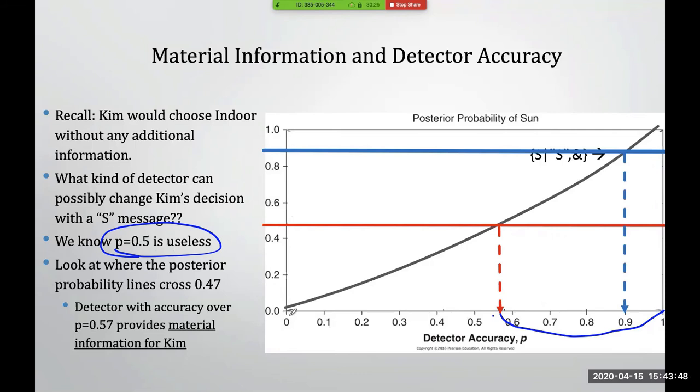So as you can see, when the rain detector's accuracy is in this range, things will be interesting. Over here, when detector's accuracy is 0, it means it will get the weather absolutely wrong, or opposite. Then a lot of information can be deduced from that kind of a detector.